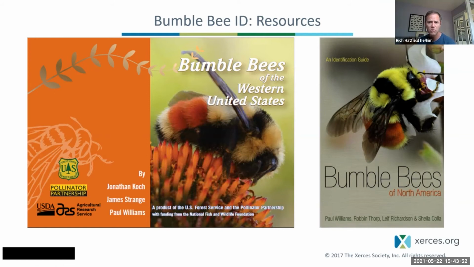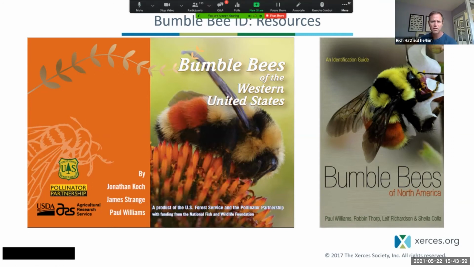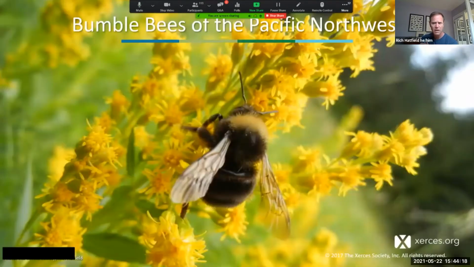And there's a whole lot more information in there as well. But these are both great resources. I recommend both of them to you. Although the taxonomy that we use follows, by taxonomy I basically mean the names that are used in this book on the right, the Bumblebees of North America. The Bumblebees of the Western United States uses some different names for species than we use.